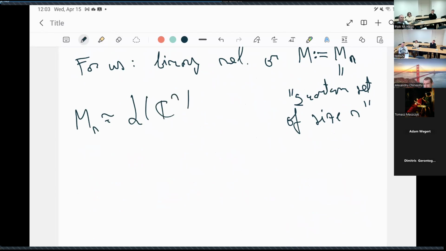As soon as you've realized it as Mn, that means you're making it act on an n-dimensional vector space with a fixed basis. That's how you realize operators as matrices. So it's already defined like so, and its commutant is trivial in this realization.